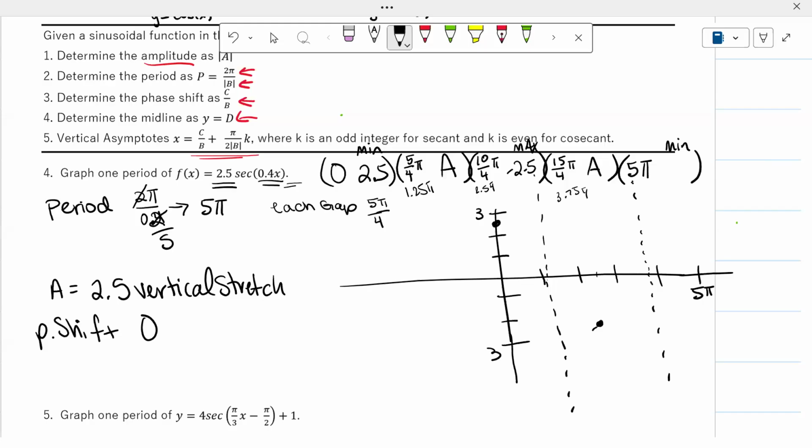So this is my U shape opening down, this is my U shape up, and then my start over is going to be here.